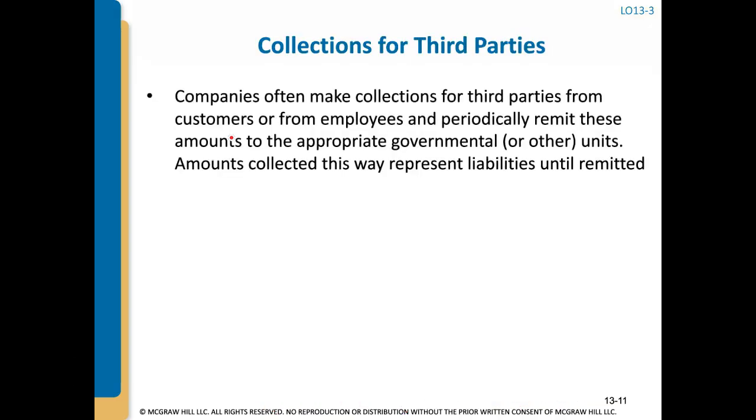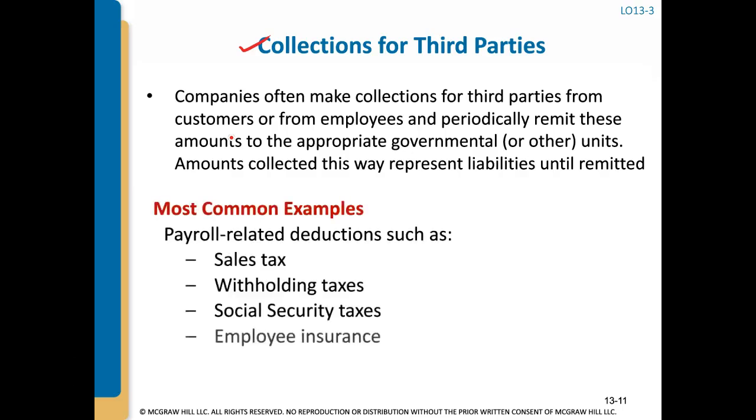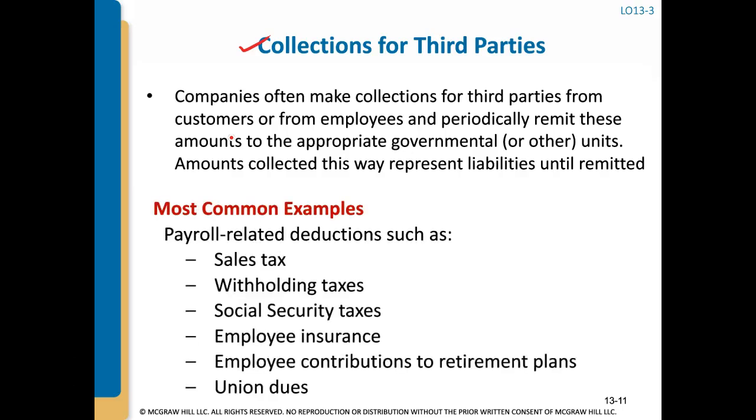Collections for third parties is the last type of advanced collections we're going to talk about. This is when companies make collections for third parties from either their customers or their employees, and then they have to remit them to other agencies. Common examples are taxes. When you earn $1,000 and then look at your paycheck and it's $900, let's say that $100 difference went to income tax.